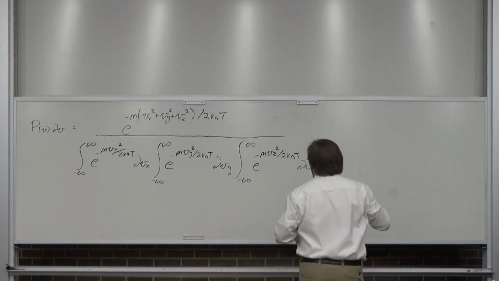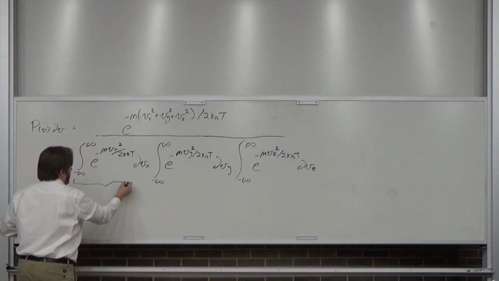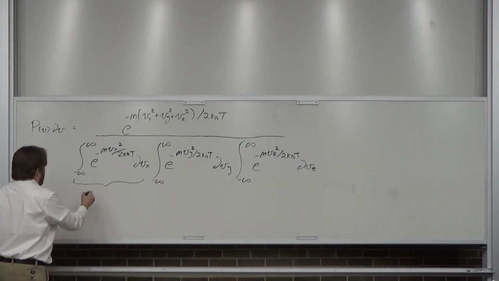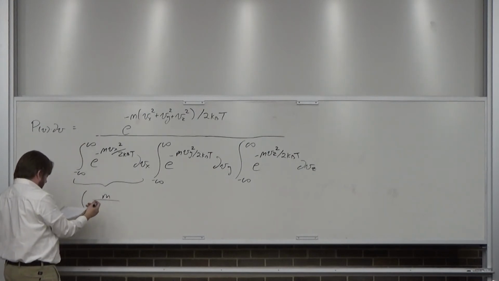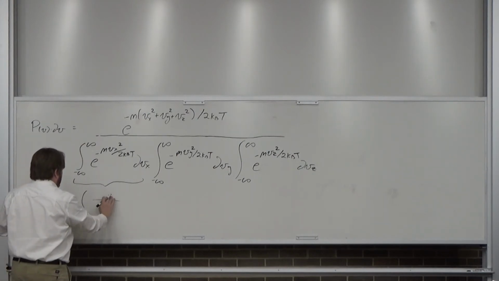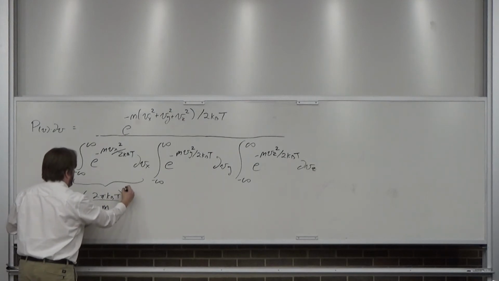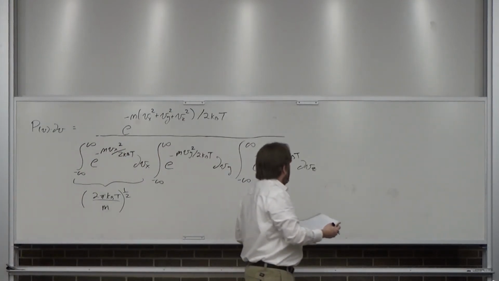Recall last time, the first time we started talking about using identities and whatnot, that this turned into, sorry, this is actually, 2 pi kBT over m to the 1/2, and all of these are exactly the same.